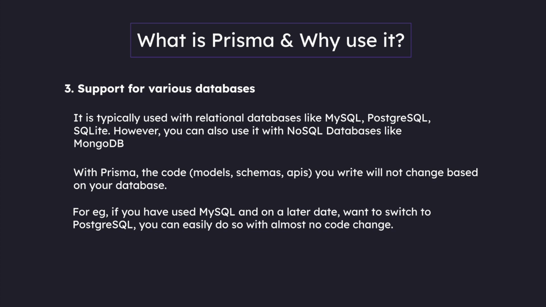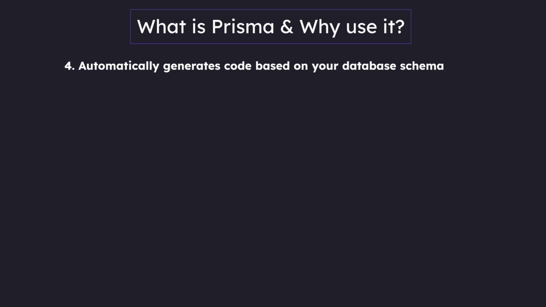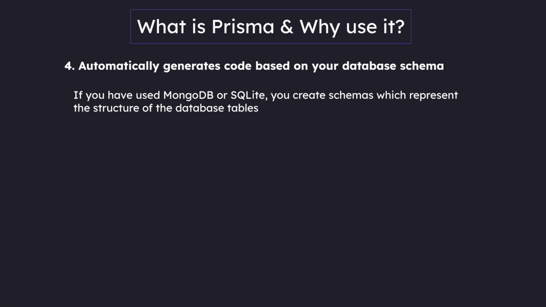Let us look at the last use case. Automatically generates code based on your database schema. If you have used MongoDB or SQLite, you create schemas which represent the structure of the database tables.